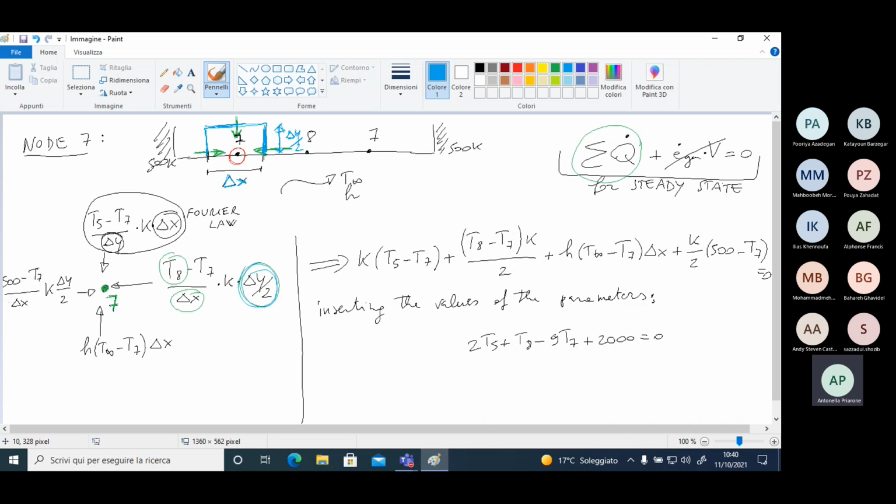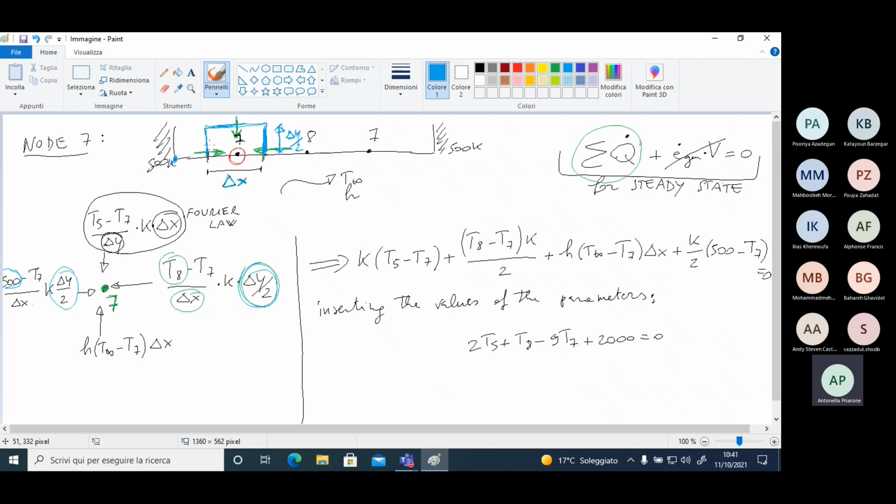From the other side, from left, the heat transfer rate by conduction arrives from a point that is at 500 Kelvin minus T of node 7. Delta x is again the distance between the node at 500 and the node 7.